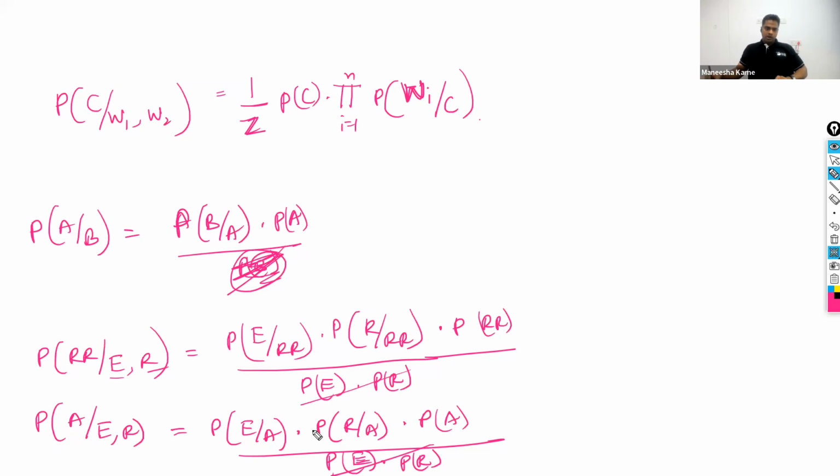Now this formula can be written in this way. 1 by Z is anyway scaling factor. Probability of class into this part. When you say i equal to 1, the first word comes into picture. First word given class into probability of second word given class.